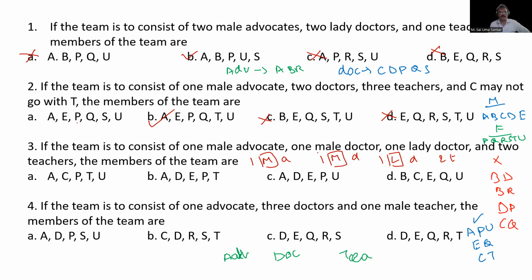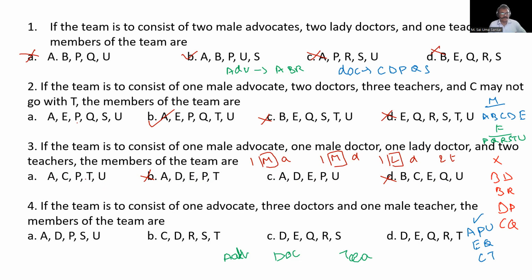One lady doctor, one male doctor, one male advocate. Male advocates are A, B, R. So if suppose in any option A, B is there, just strike off that one. B and U is not available. If U is there, AP must be there. APU. And this is also AP is there, U is not there.